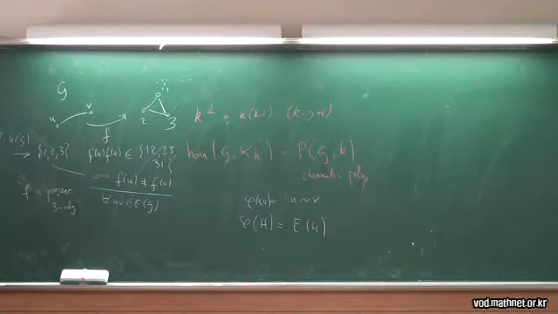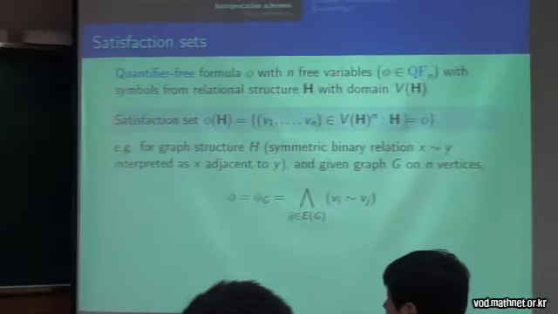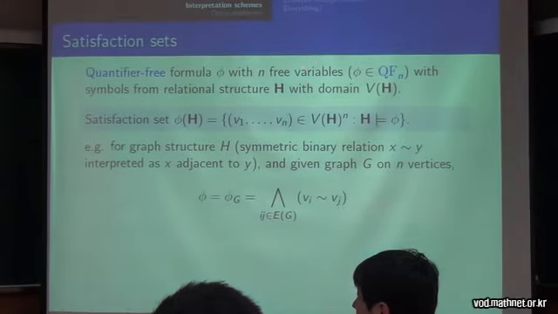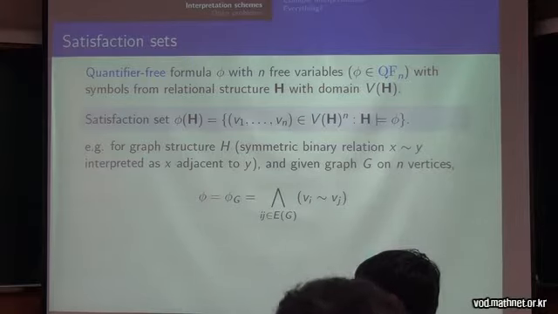What is the language? Just equality and adjacency? Yes, you assume equality, and then the relations I haven't specified, but you're given some set of relations. So you can have adjacency if you want it, but it's an arbitrary set of relations. So the language includes equality plus something else, and I'm not saying what that is because it's arbitrary at this stage.